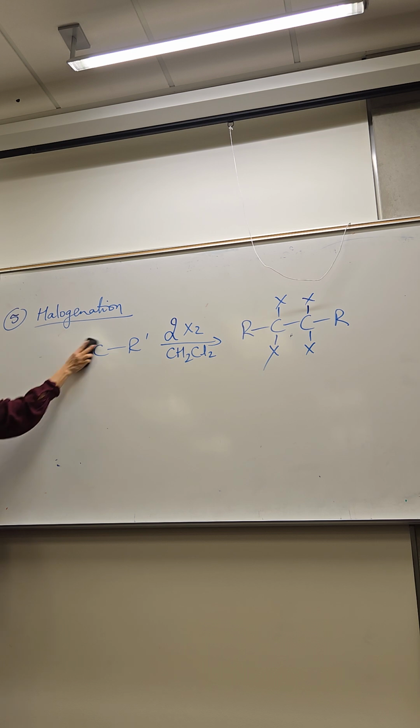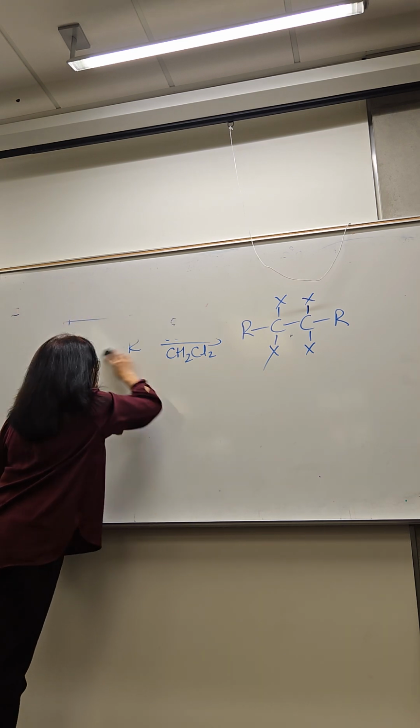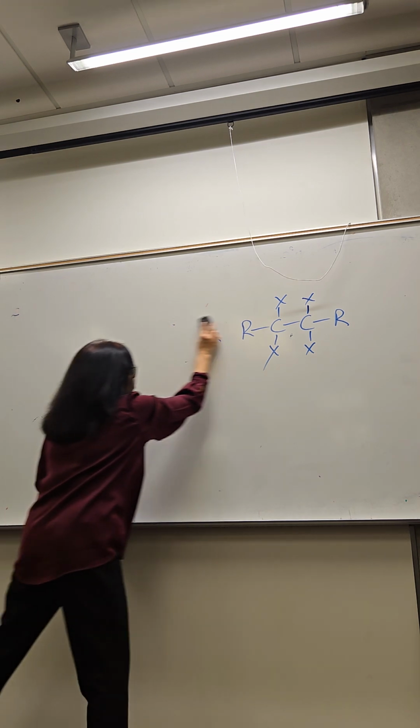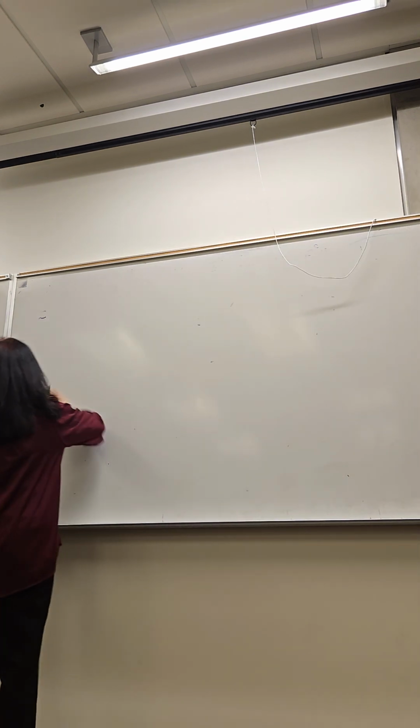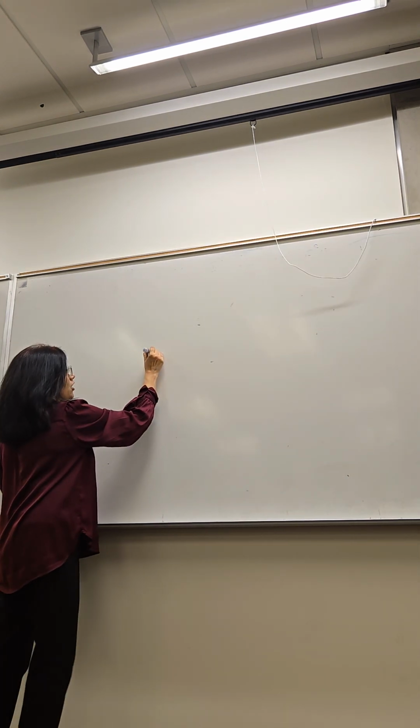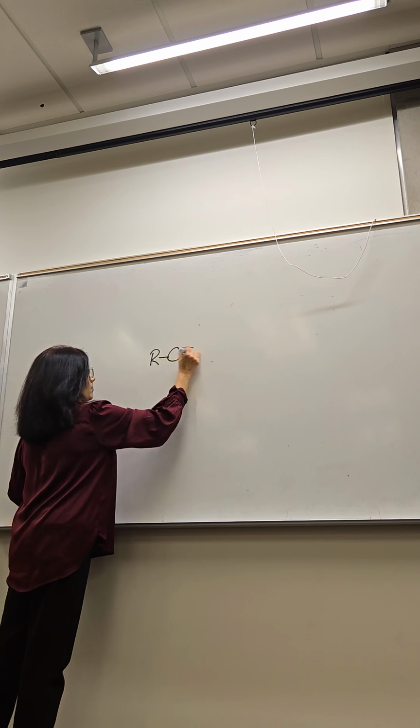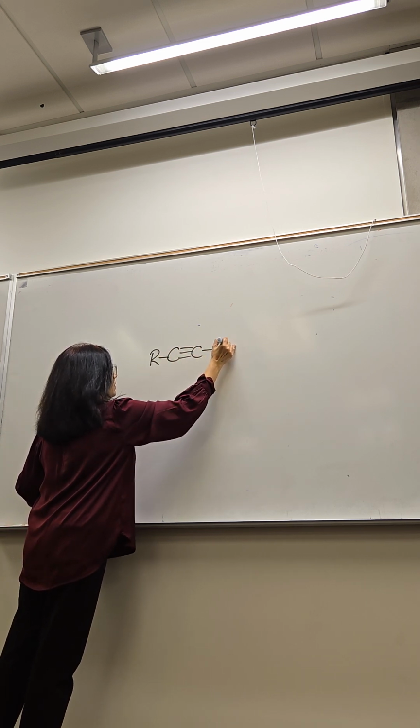So when it comes to alkynes, let's summarize everything and see what we've learned about alkynes. First of all, can somebody tell me what do we make alkynes from? Anybody?